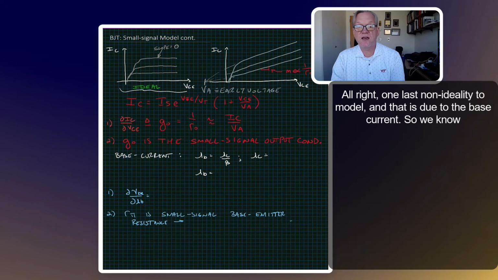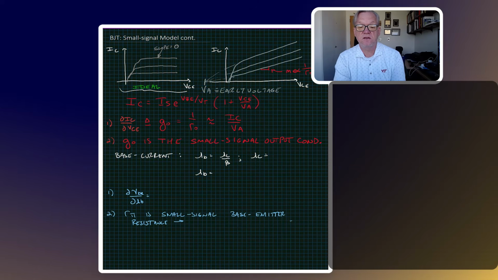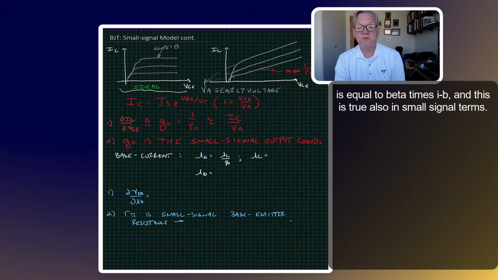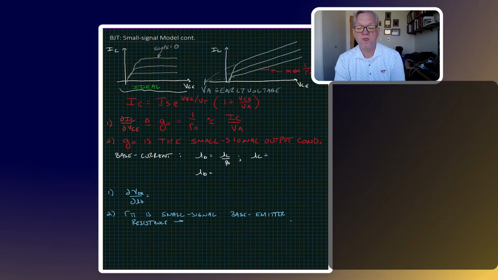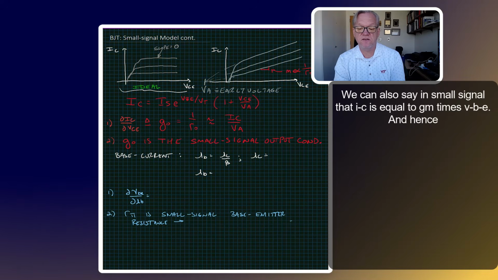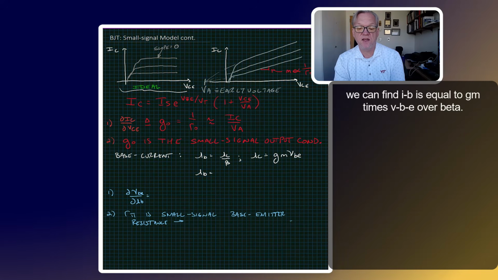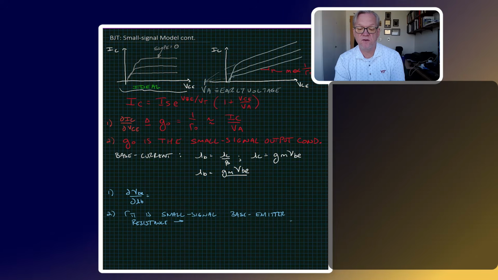All right, one last non-ideality to model, and that is due to the base current. So we know that in large signal terms, IC is equal to beta times IB, and this is true also in small signal terms. We can also say in small signal that IC is equal to GM times VBE, and hence we can find IB is equal to GM times VBE over beta.